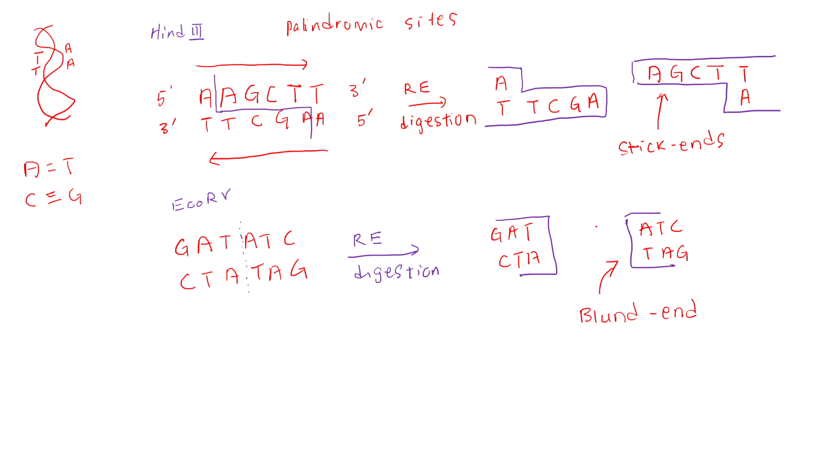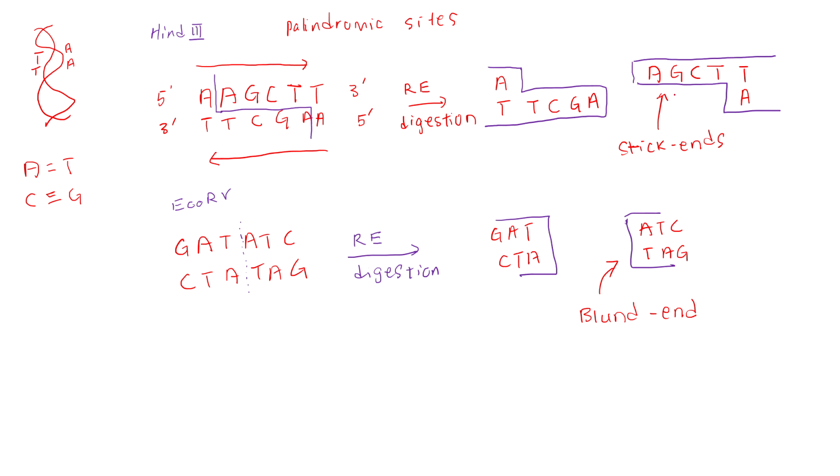Now the difference between sticky end and blunt end depends on what type of enzyme is used in the research or the experiment. If you use HindIII or PstI, you will get sticky end products. A sticky end is not only double stranded; at the end of your DNA sequence you are going to have a single-stranded end like here.